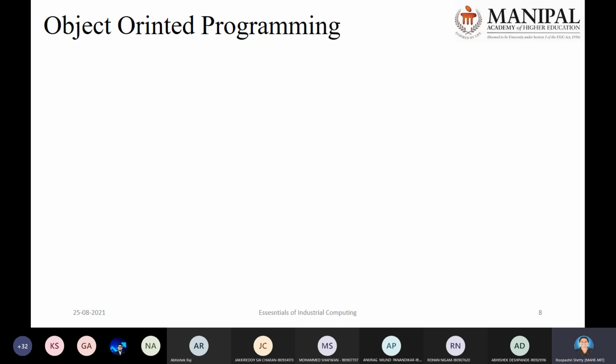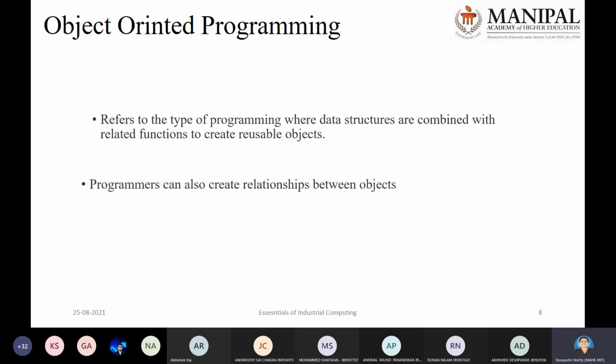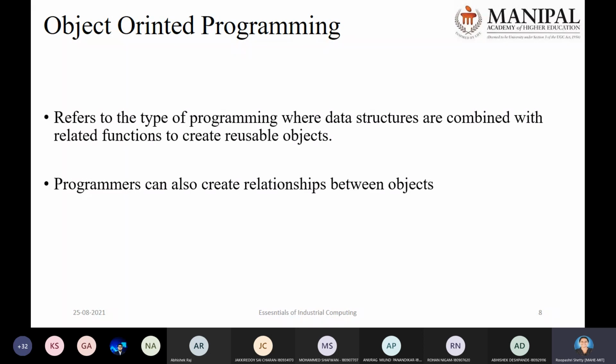The benefit of object-oriented programming is the development of smaller but stable subsystems. Stable subsystems will be designed with the concept of objects. In object-oriented programming, data structures are combined with related functions to create reusable objects.